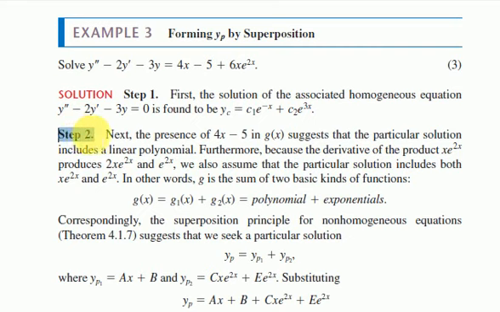From this step we are solving the remaining part for yp. The particular solution depends on the right hand side of the equation, the function g of x. The presence of this in g of x suggests that the particular solution includes a linear polynomial.